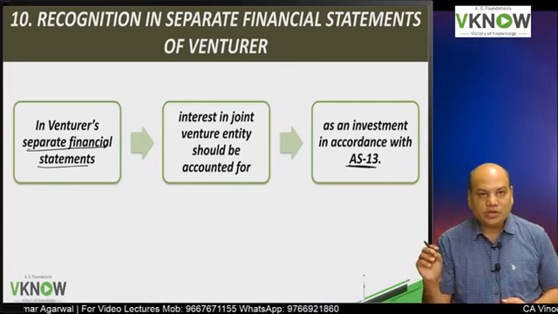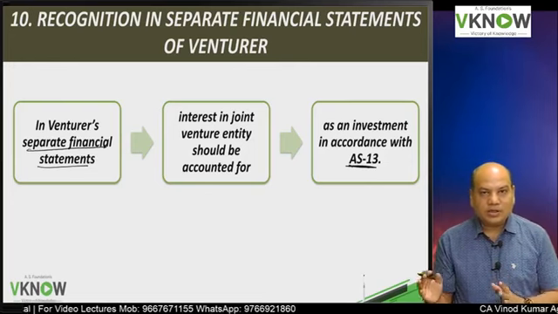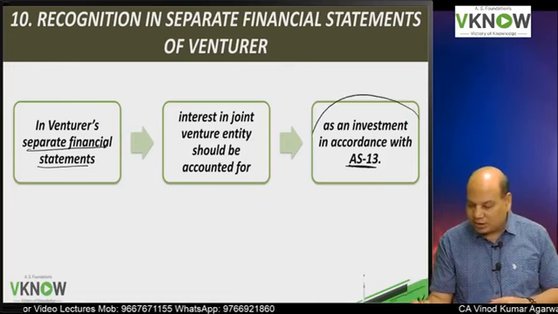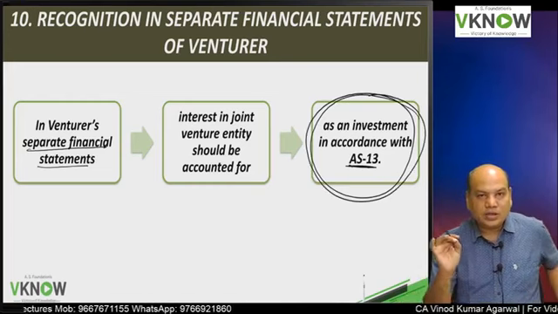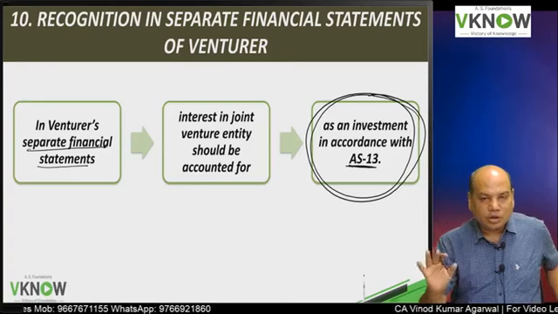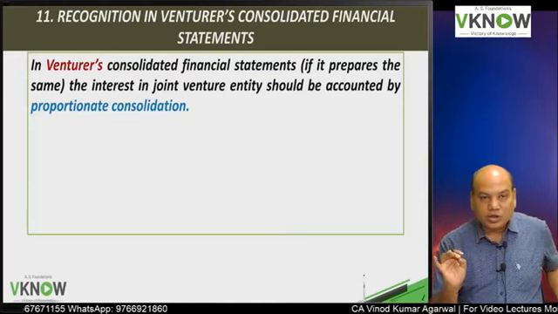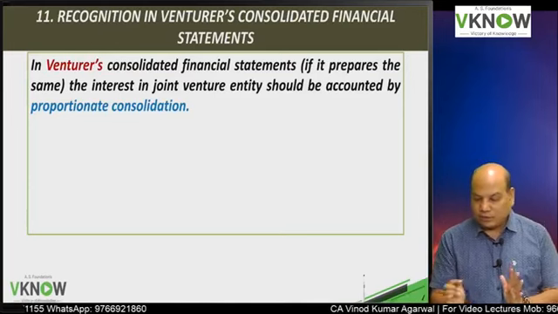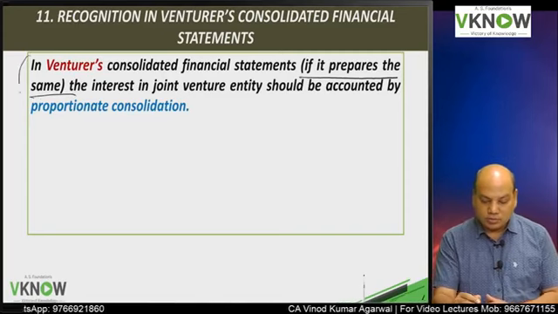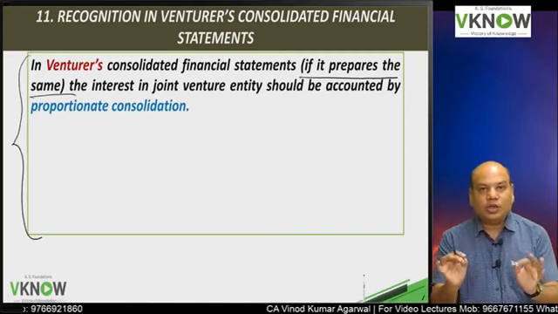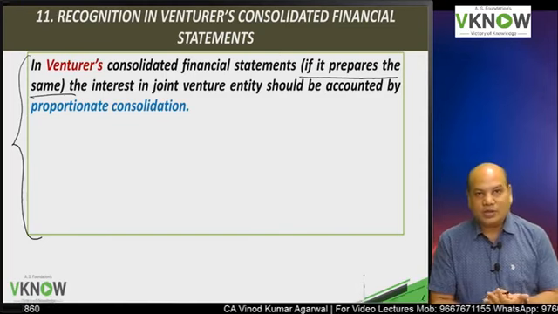Investment in joint venture will be presented under Accounting Standard 13. So that will be presented as a long-term investment, and all the rules of AS 13 applicable for long-term investment will become applicable here. And what about consolidated financial statements? First thing to keep in mind, this portion is applicable only if the venturer is preparing consolidated financial statements.